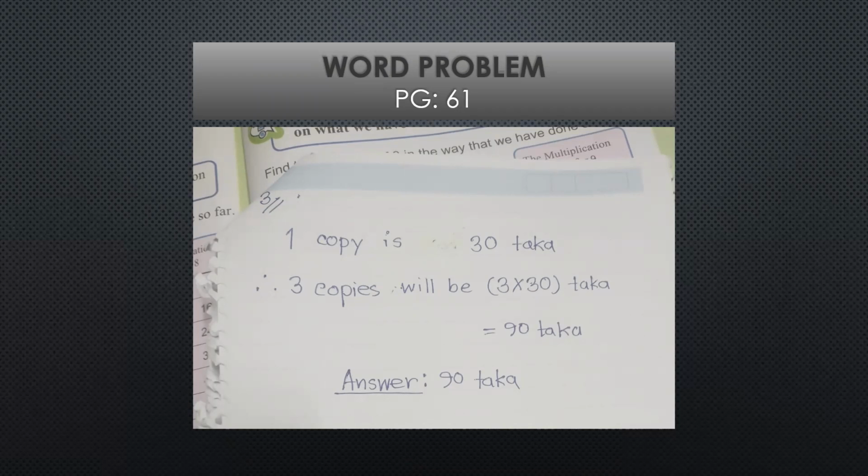Here we try to find the amount of taka, so the taka is placed on the right-hand side. 1 copy is 30 taka, so 3 copies will be 3 into 30 taka, equal to 90 taka. 3 3s are 9. It's really easy multiplication.